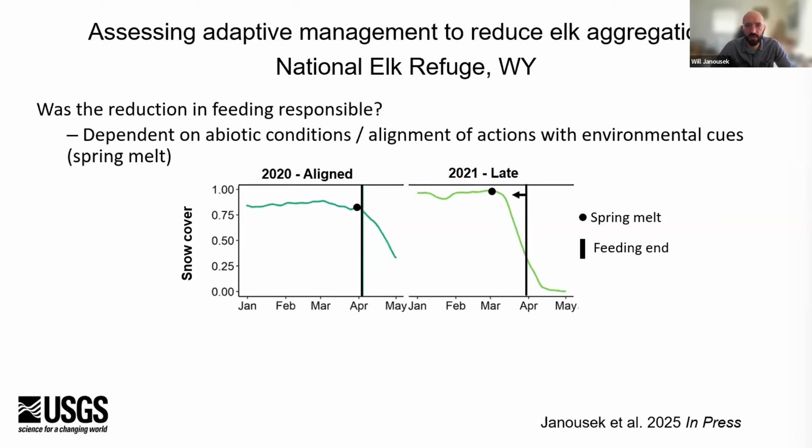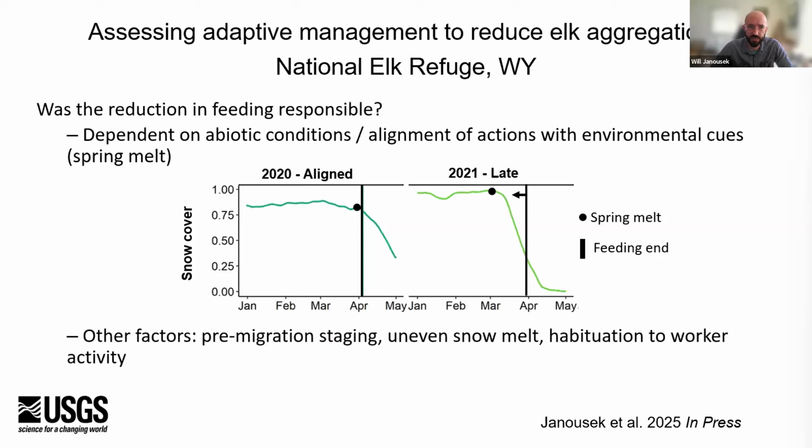And then in 2021, the ending of feeding happened almost a month after the beginning of the melt period. And there's a lot of other factors that could drive increases in aggregation following the end of feeding. We see this on the landscape, such as pre-migration staging events, uneven snowmelt across the landscape creating patches of forage available and creating aggregation of elk that way.